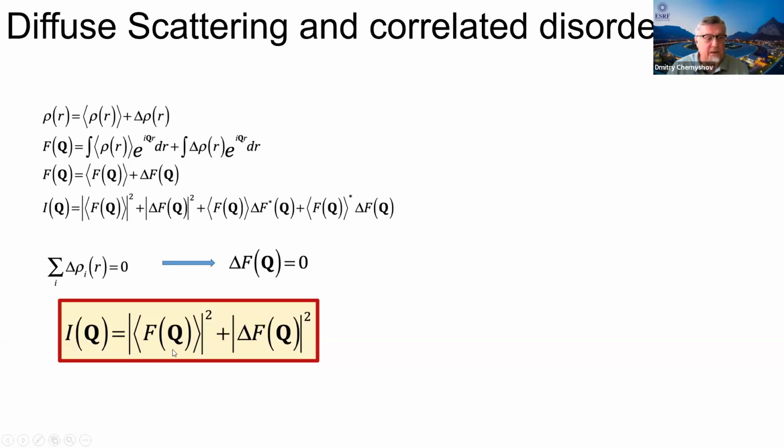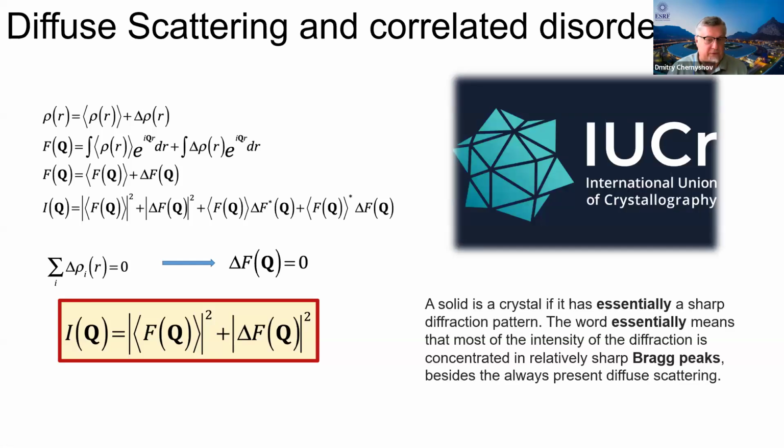Intensity, in the end, will also have two components because all cross terms will go to zero. One of them is Bragg scattering and the other diffuse scattering, and that is what is reflected in the modern definition of single crystal from the International Union of Crystallography.